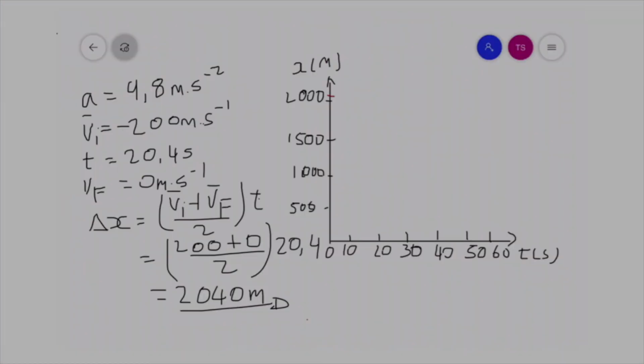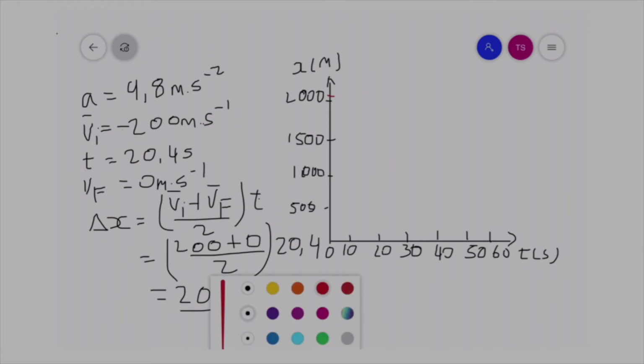For 20,4 seconds. So I'll just plot it here. Let's say this is 2040 meters, and then 20,4 seconds would be around about here.